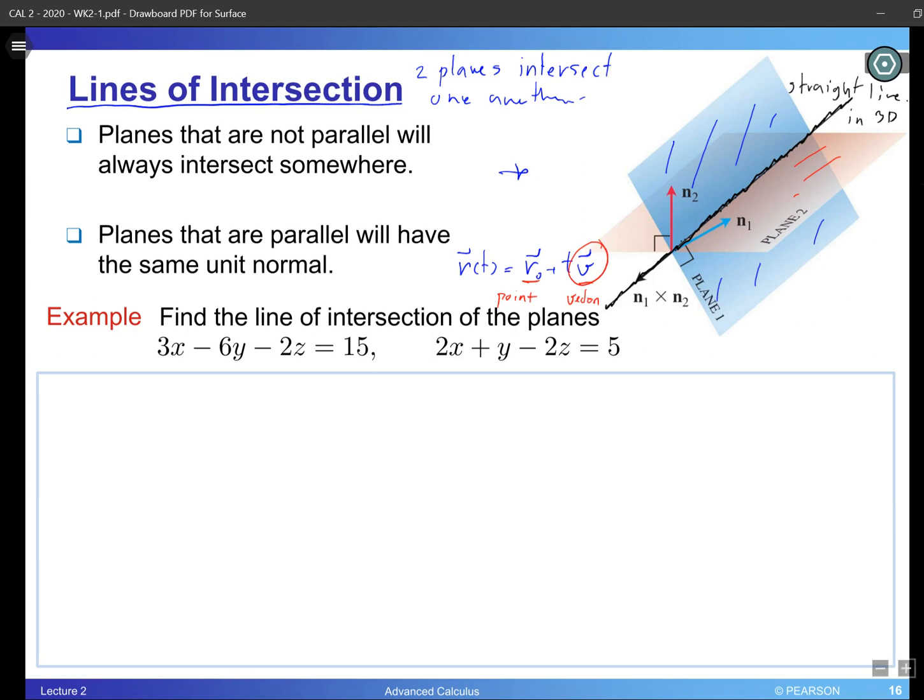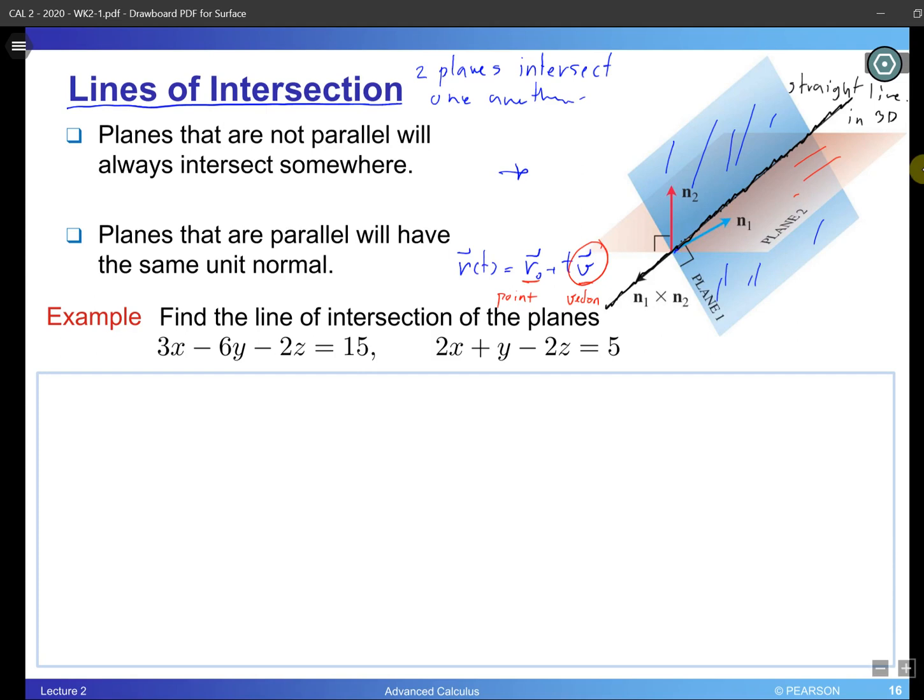And here's the trick. Now that you see the geometry in the space, let's take a look at plane 1, the blue plane. Since this is a plane, it has a vector that is orthogonal to this plane, and I'm going to call that vector n1.